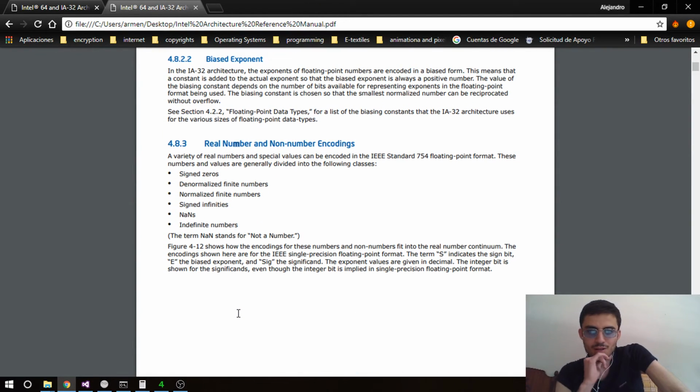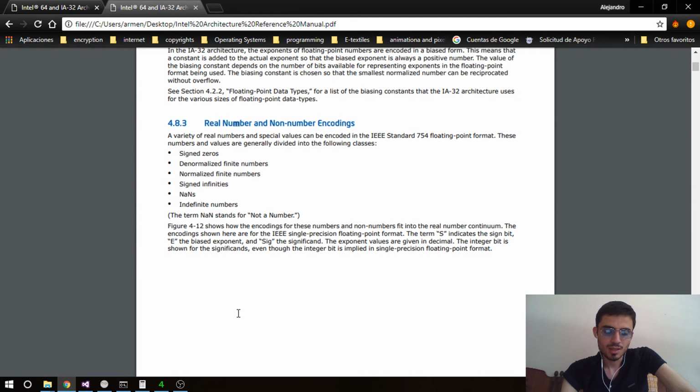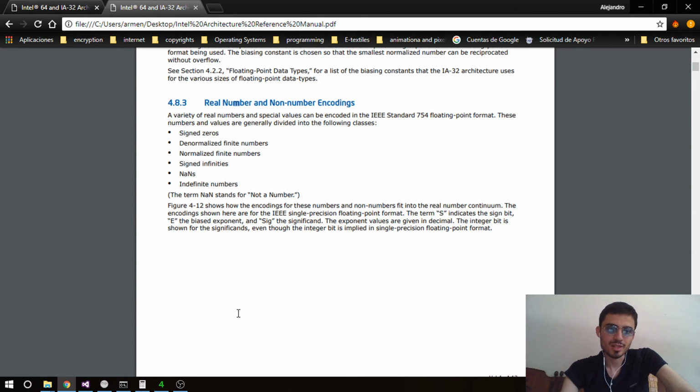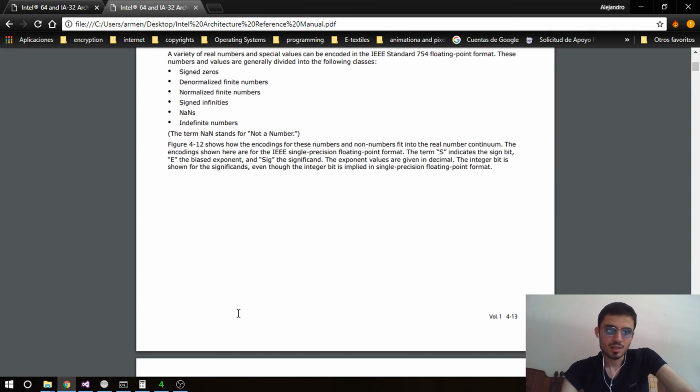Real number and non-number encodings. A variety of real numbers and special values can be encoded into the IEEE standard 754 floating point format: signed zeros, denormalized finite numbers, normalized finites, infinities, NaNs, and indefinite numbers. The term NaN stands for not a number.